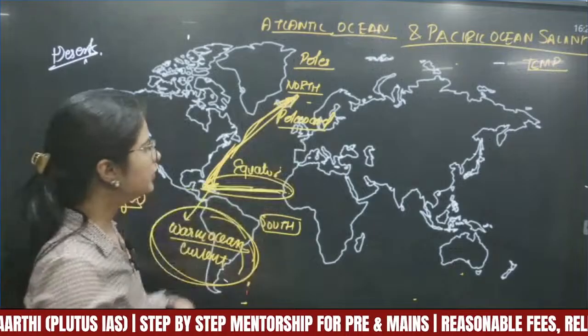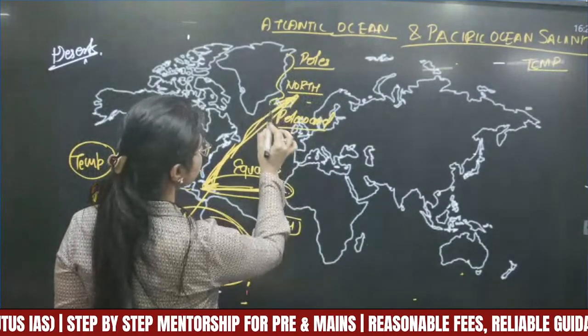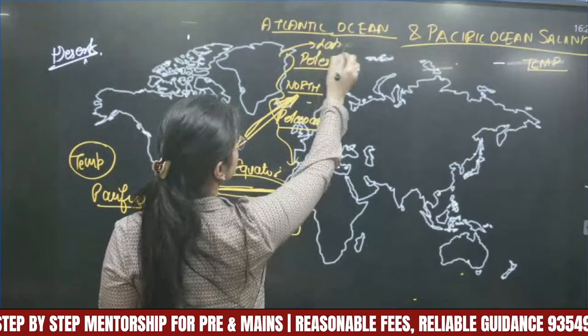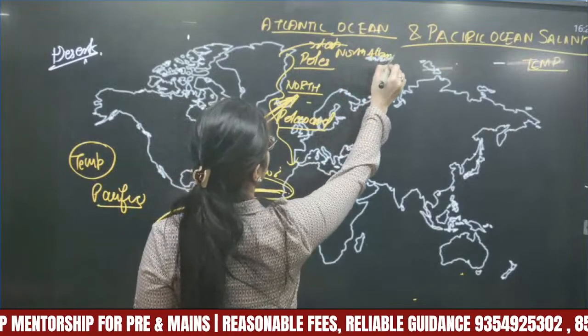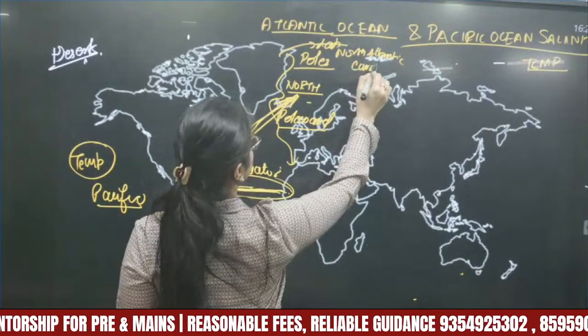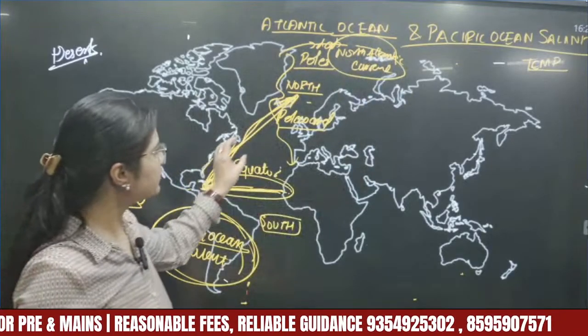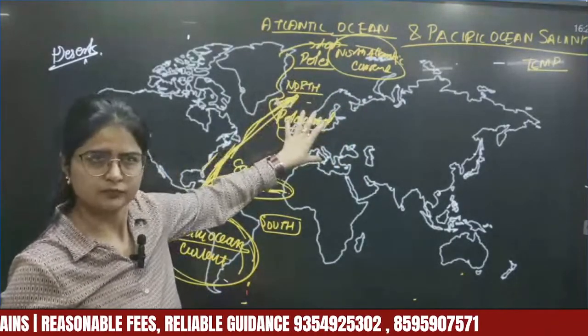ठीक है, when I am talking about the cold ocean current which is coming from above, you can take it a Labrador current or any other current, for example North Atlantic current. अभी हम North Atlantic current लेते हैं, right? So what will happen as this Gulf Stream will go upwards, it will warm up the area. क्यों करेगा warm?